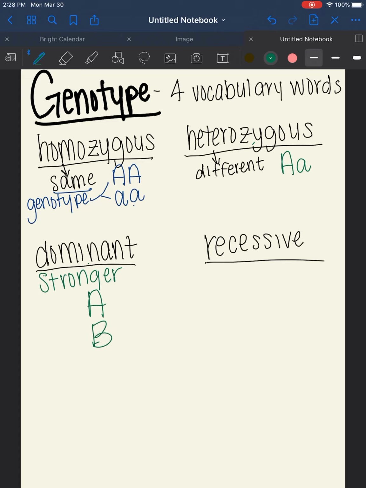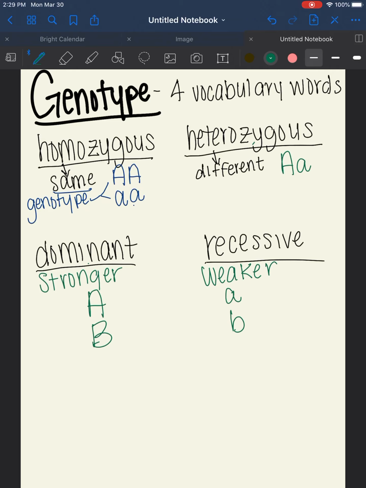Okay? And then something that is recessive, that trait is a little bit weaker. Okay, so recessive is weaker. So that's going to be shown with a lowercase or a little letter. So little a or little b.